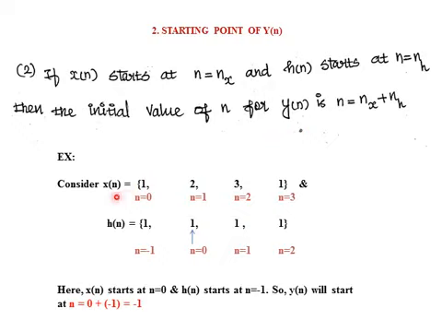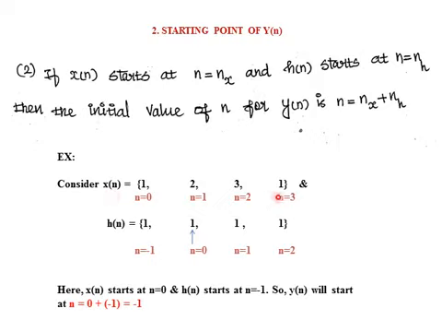Considering this example, here x of n is given as 1, 2, 3 and 1. I would like you to recollect the different types of signal representation. As you know, we have four different types of signal representation, namely sequence representation, functional representation, tabular representation and graphical representation.